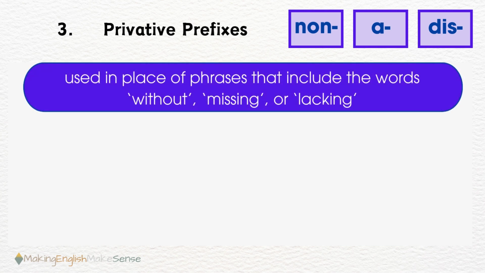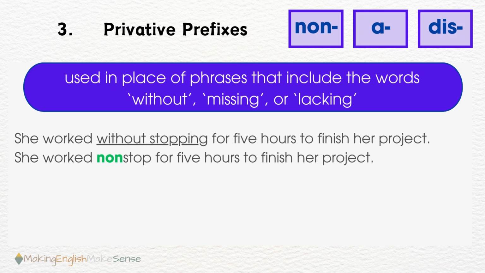Privative prefixes can be used in place of phrases that include the words without, missing, or lacking. For example, the sentence, "She worked without stopping for 5 hours to finish her project," becomes, "She worked non-stop for 5 hours to finish her project." The prefix non is added to the word stop and is used in place of the phrase without stopping.